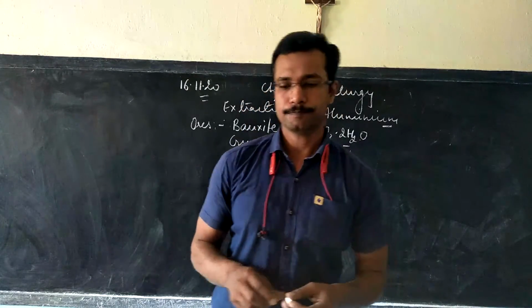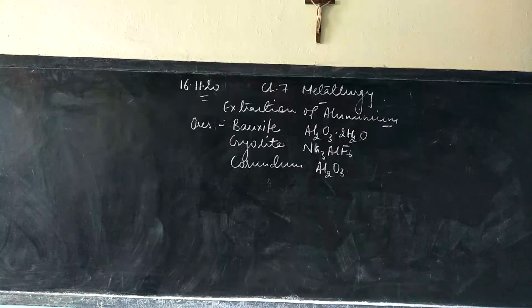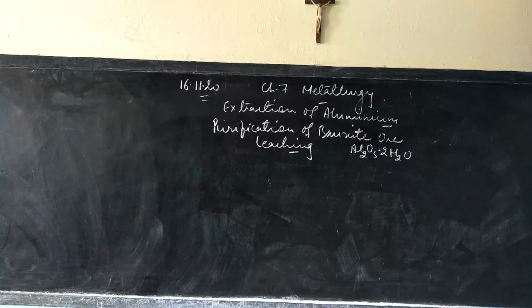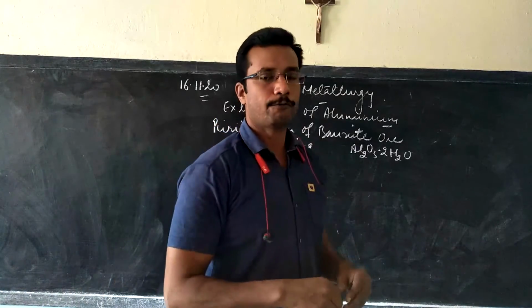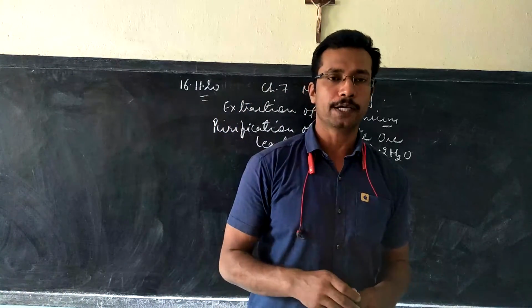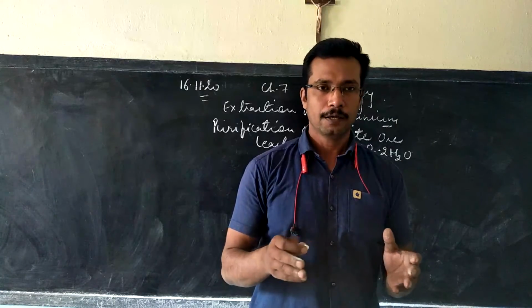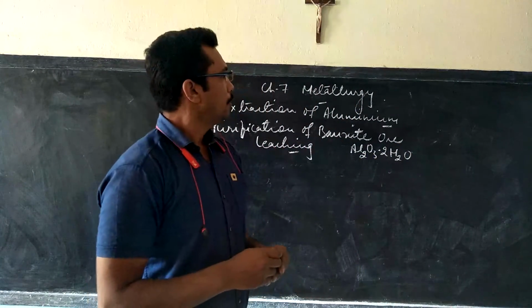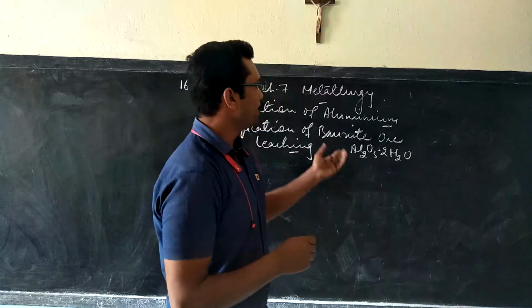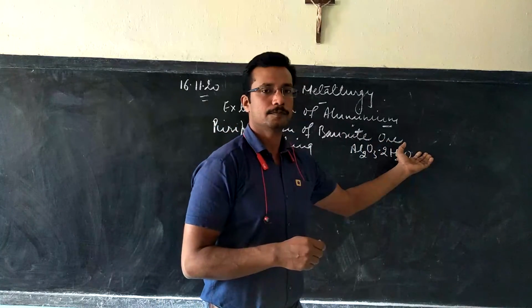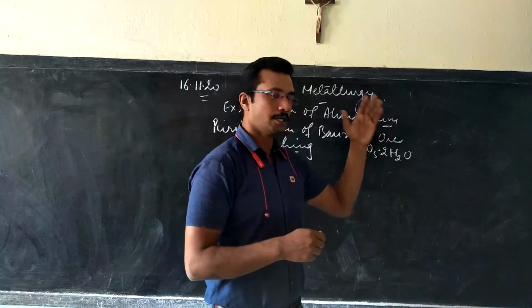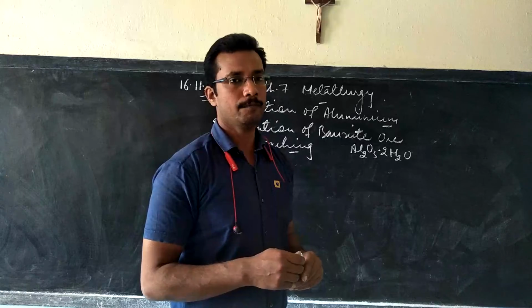Let us see. So we have the first method, which is purification of ore. For the extraction of aluminium we prefer bauxite ore, which contains around 60% aluminium.